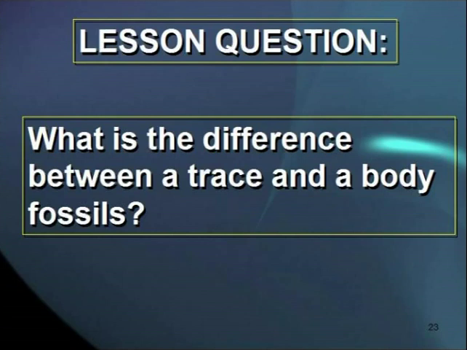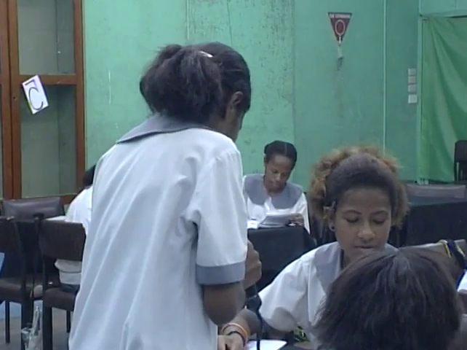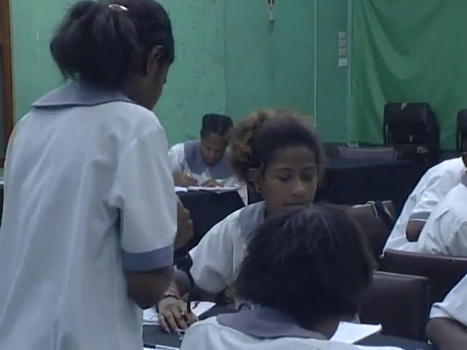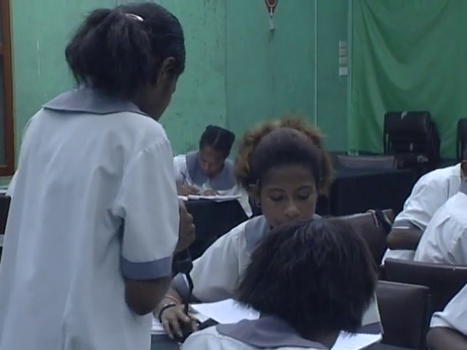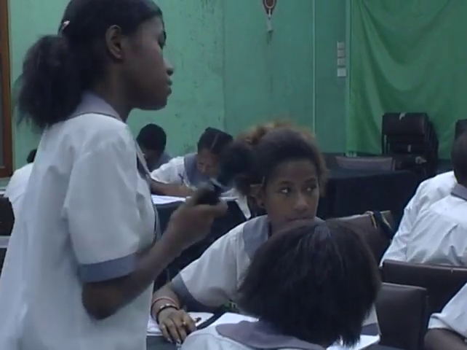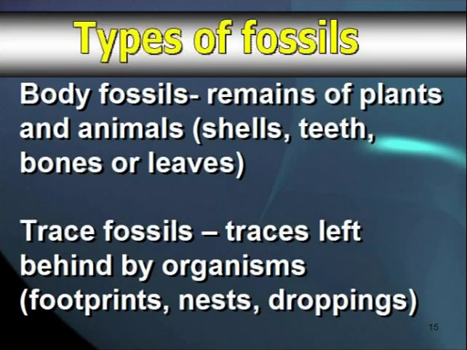All right, let's hear from this group here. Thank you. The body fossils remain of plants and animals, and the trace fossils are left behind by organisms. All right, good. Thank you. She wanted to put it simple. Body fossils, remains of plants and animals. That's how she can put it.